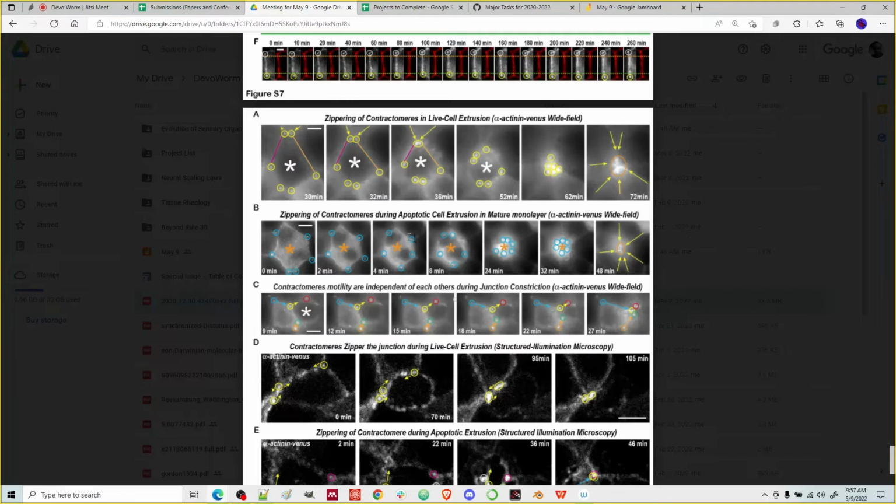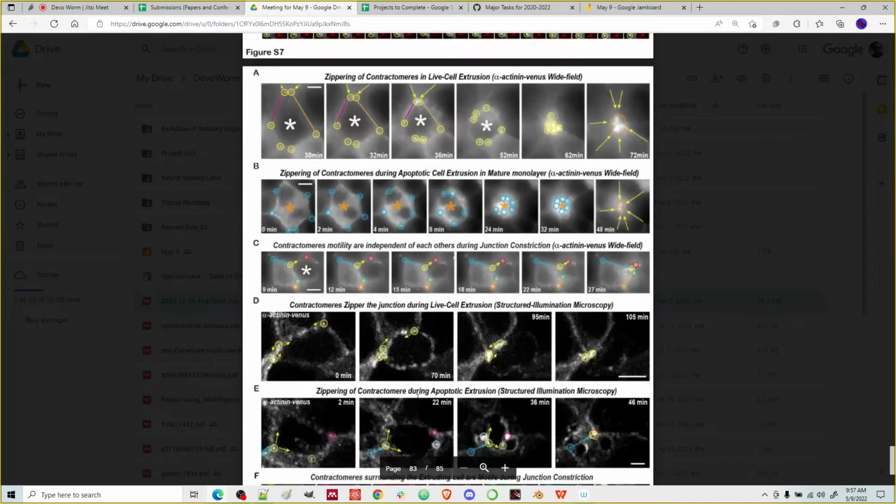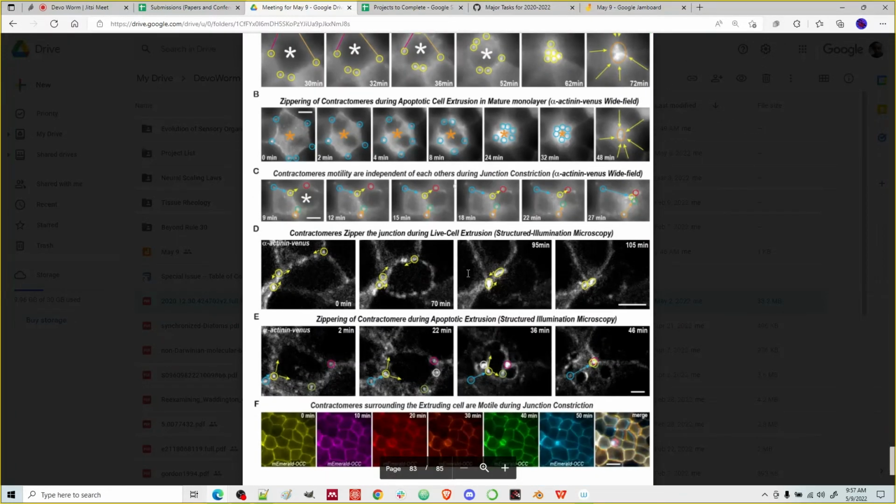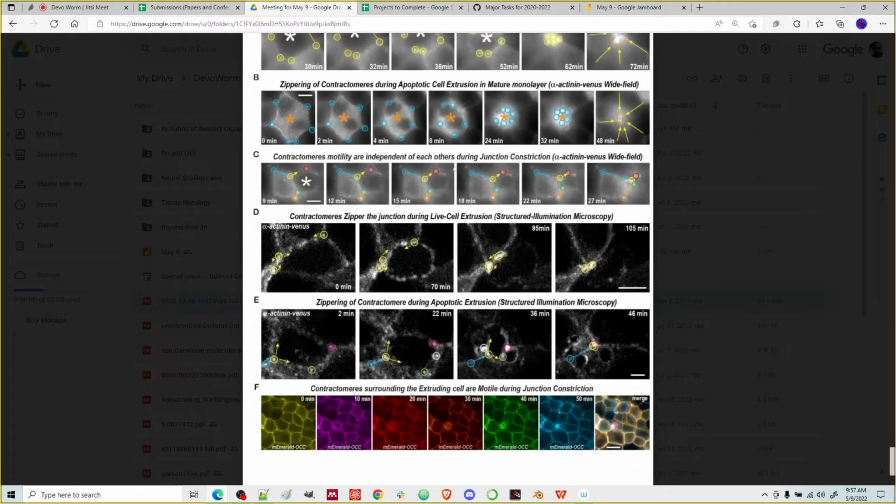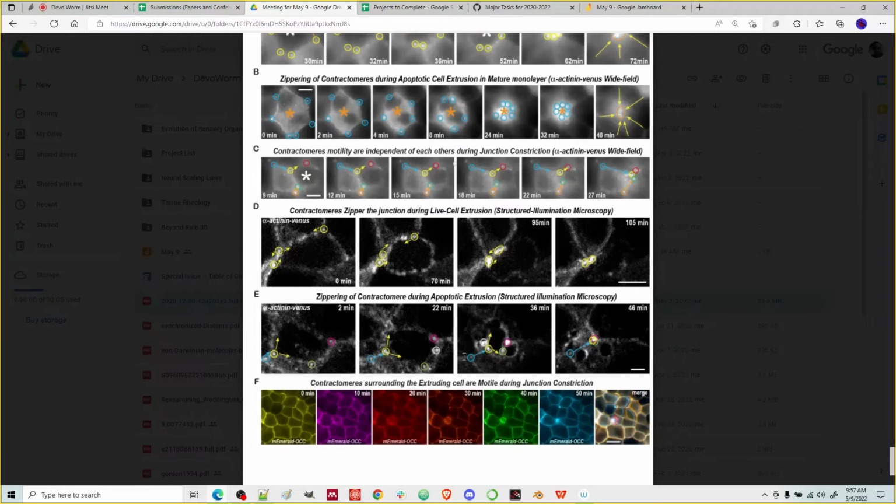Here, I'm looking at D. Yeah, D and E. You can see where the yellow comes together. Okay, yeah. So that's the cell, this cell in the middle.